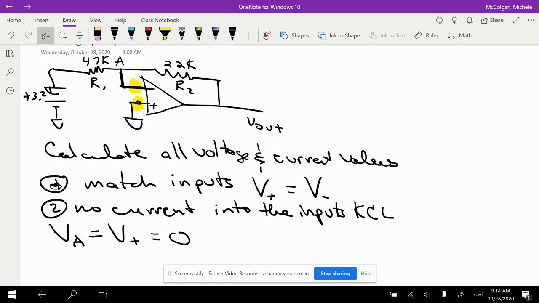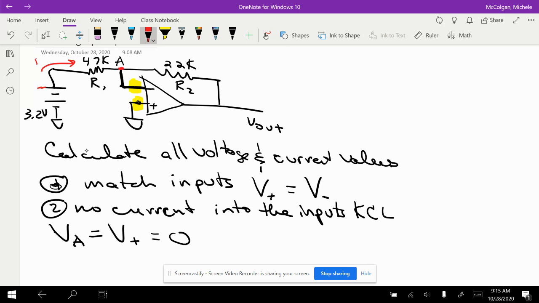And so the next thing we can do is erase this a little bit and write that over here, 3.2 volts. So if I look here, my voltage here is 3.2 volts, and what I need to do is find the current, and it's going this way. So if my voltage is 3 volts here, and my voltage is 0 volts here, then my current has to flow from left to right.